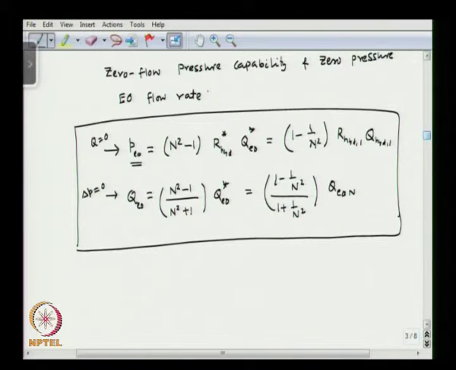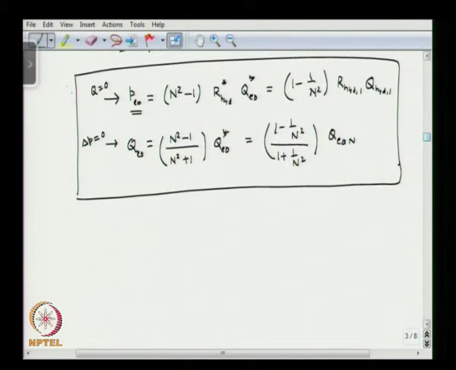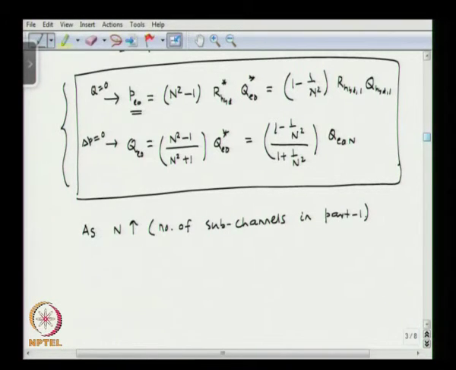Okay. So, if you look at these two equations, we can see that as n, the number of sub channels in part 1 of the channel, goes up, this term is going to be 0. Okay. So, the pressure capability is going to be R hydraulic 1 into Q hydraulic 1, which is the pressure capability of a single sub channel.